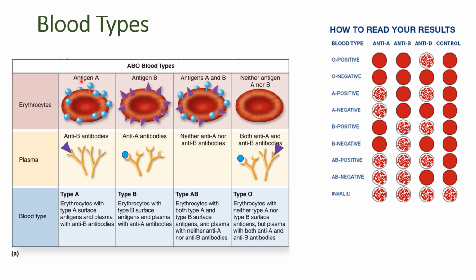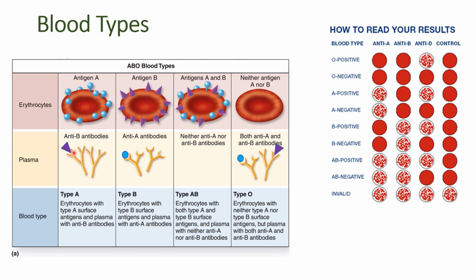So if you have A-type blood, that means your red blood cells have a glycoprotein on the surface called antigen A. For reasons we don't fully understand, you will also have antibodies to the B antigen shown here in the purple triangle. Even if you haven't been exposed to B blood, it's a little bit of a mystery. Why would you have B antibodies if you have not seen B?